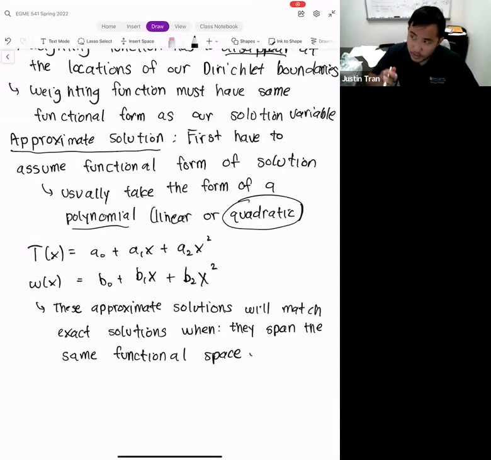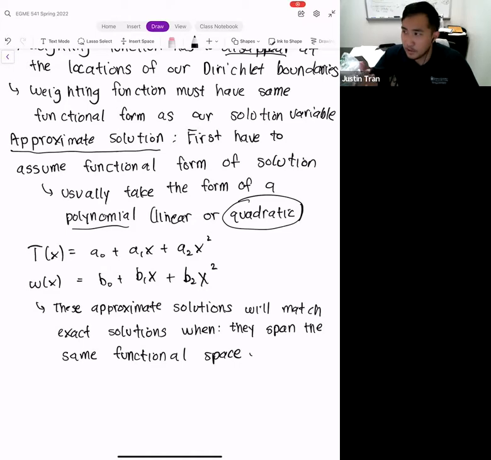For this case here, where we have this quadratic function, that's going to match up with our exact solution if our exact solution is a quadratic function or less. If our exact solution is quadratic, then our approximate solution is going to match. If our exact solution is linear, since we have the linear term here, that's going to match exactly.